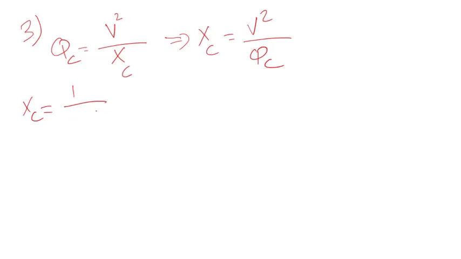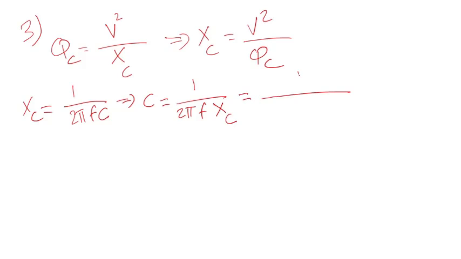So XC is 1 over 2 pi times F, frequency, times the capacitance. So C from here is equal to 1 over 2 pi times F times XC. XC is voltage squared divided by QC.